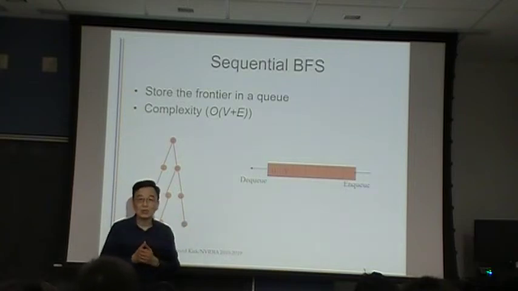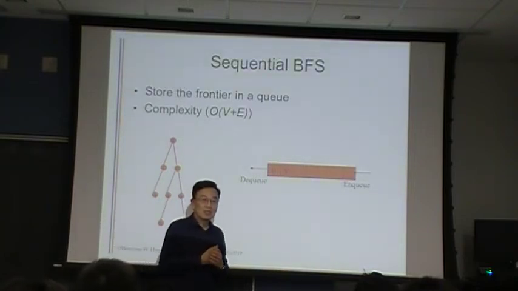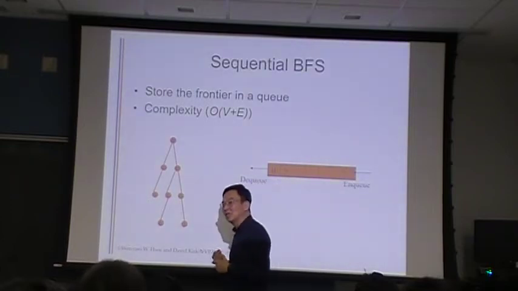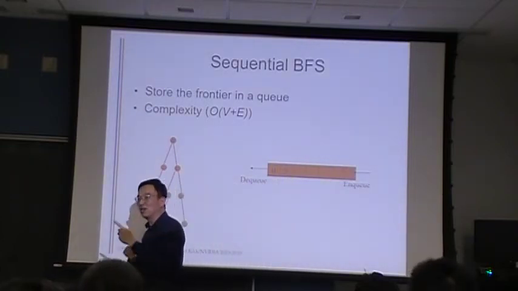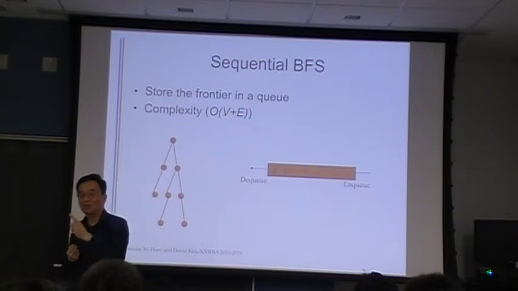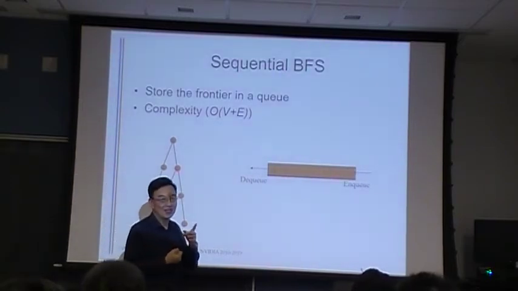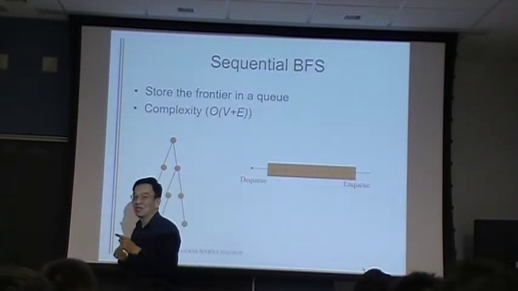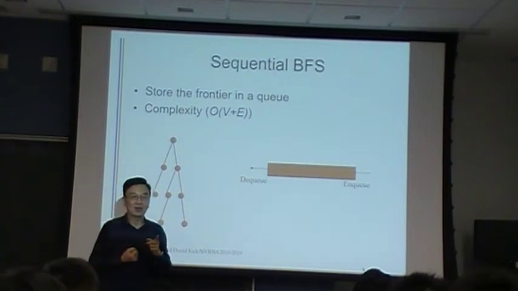Any question about the sequential algorithm? The brutal part about this kind of search is that the sequential algorithm is a linear algorithm. It's extremely efficient. It's lean and mean. So that's why it's very, very hard to beat a sequential algorithm with a parallel algorithm.